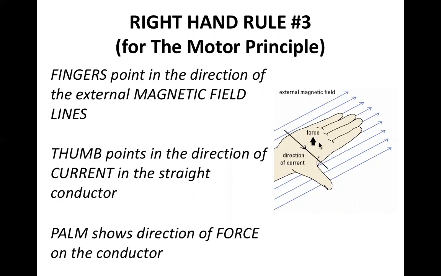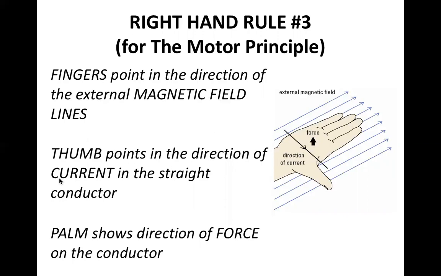If you did right-hand rule number 2, it would be like that, but now let your fingers uncurl so they're flat and your palm is flat. Your straight fingers will point in the direction of external magnetic field lines. So I think of my wrist as north and my fingers as south, because we know magnetic field lines go north to south.